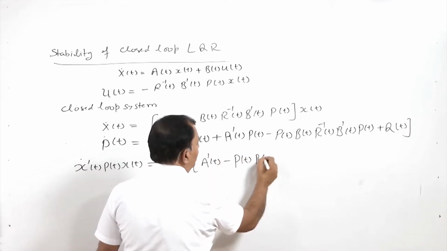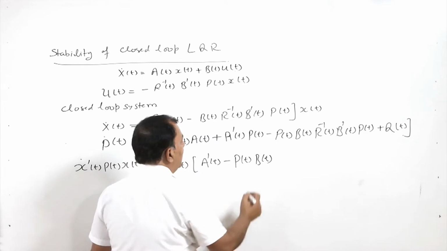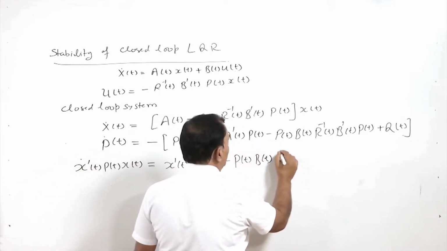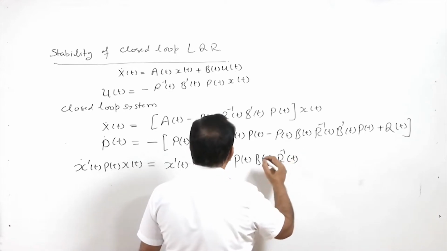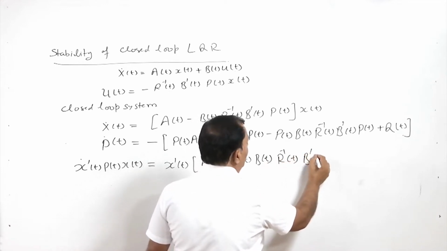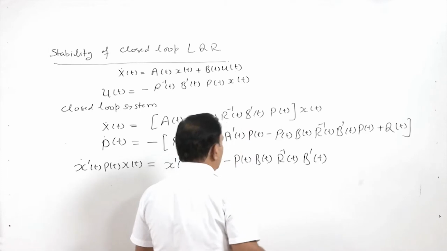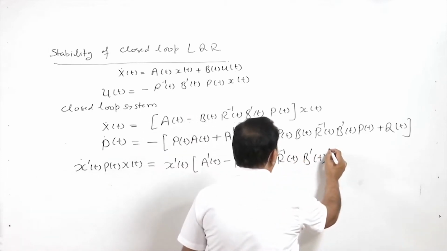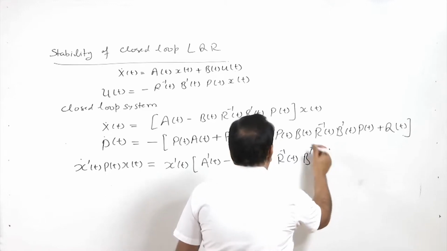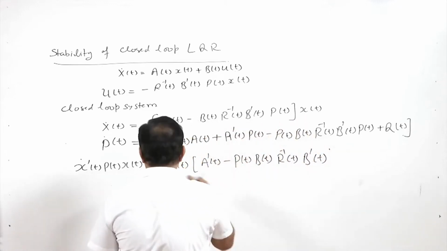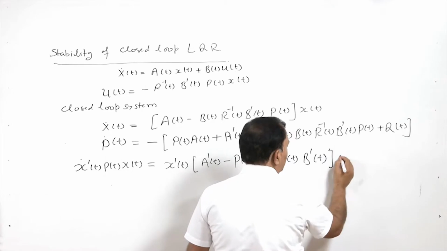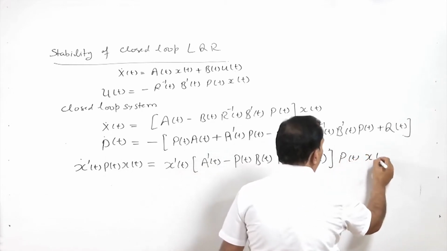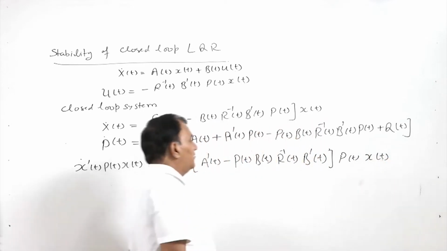B transpose is nothing but B, R is again symmetric, so this will remain R inverse t and B will be B transpose t. So, this is the P B R inverse P prime, and this x we have taken here multiplied with Pt x t.